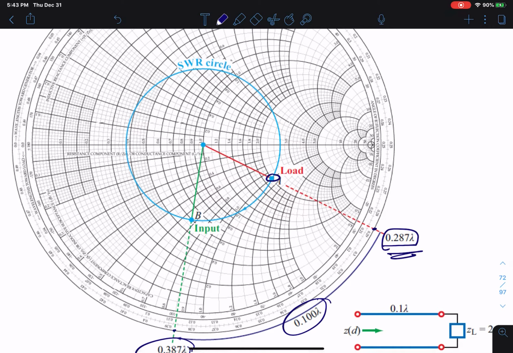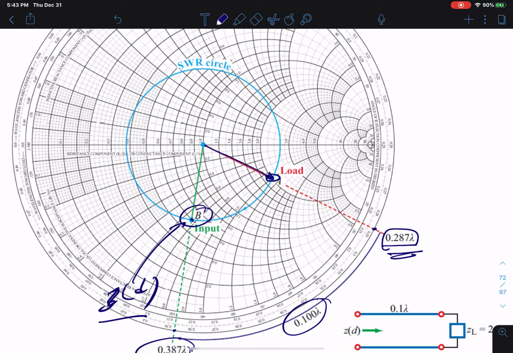Then from this point, I'm gonna draw a circle with this radius from the center here, because that radius will give me the same reflection coefficient magnitude everywhere. Your angle could be different, but the reflection coefficient magnitude everywhere is the same, right? So that's why this point over here, point B, will give me the normalized value of ZD right here.